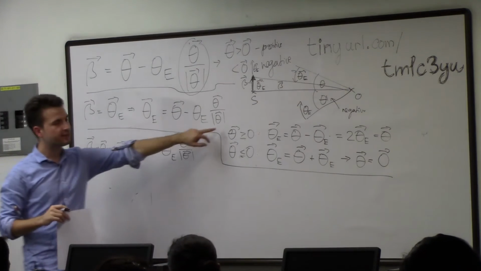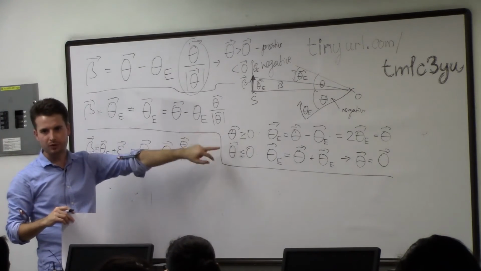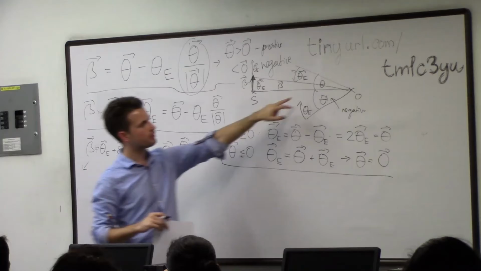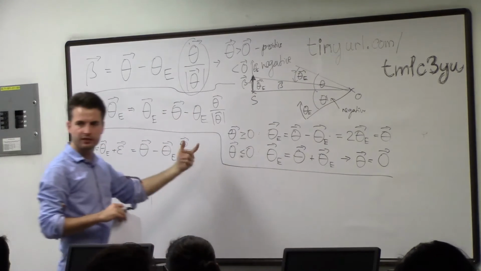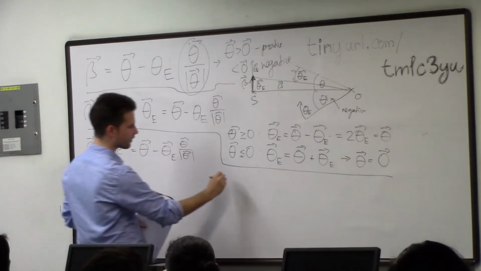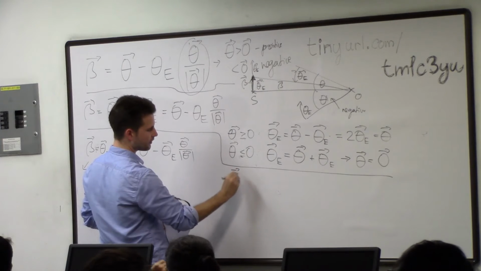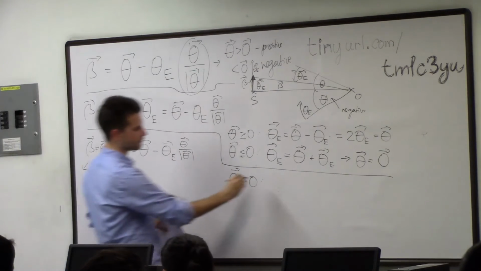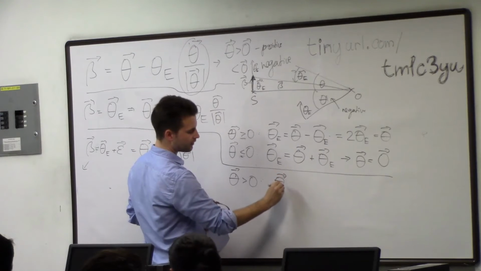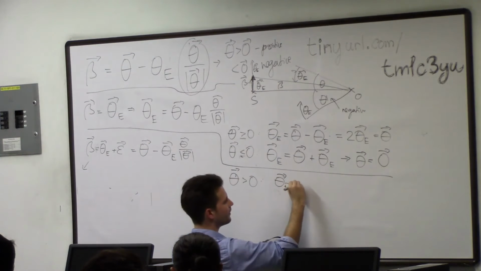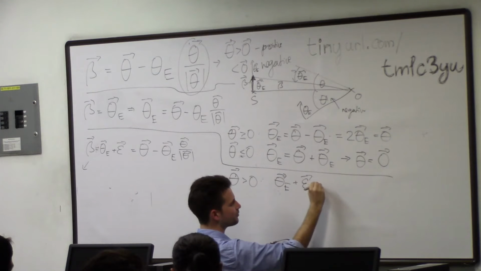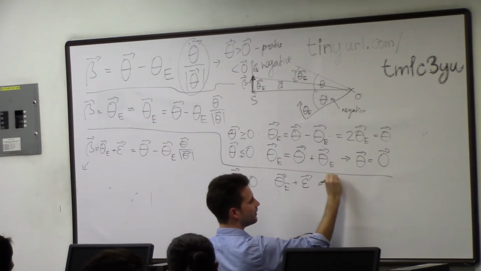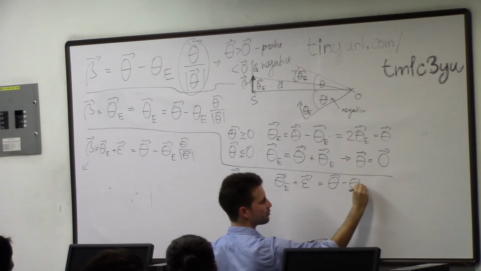So we use exactly the same approach as we did here. Consider positive theta, negative theta, and see what solutions we get. So if theta is greater than 0, then on one hand we have theta Einstein radius plus epsilon equals theta minus theta epsilon.